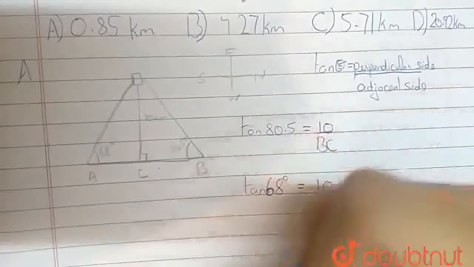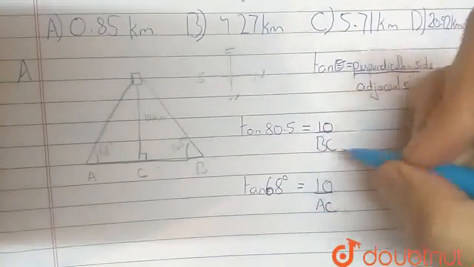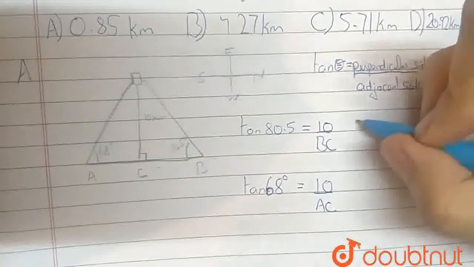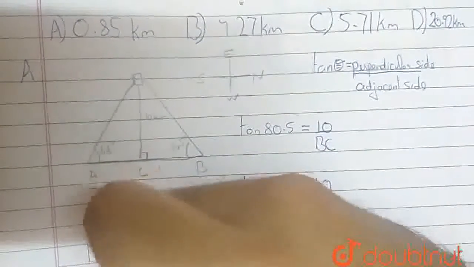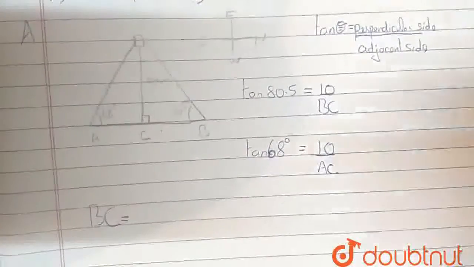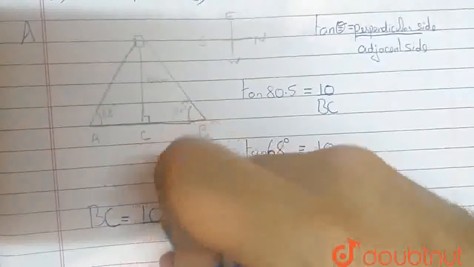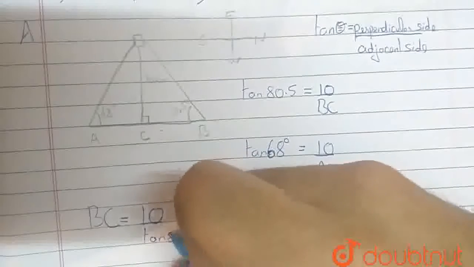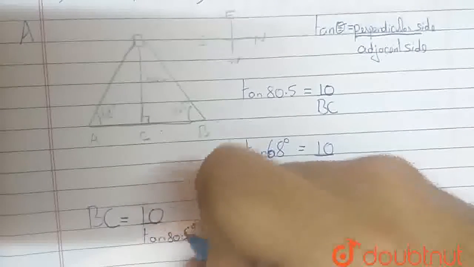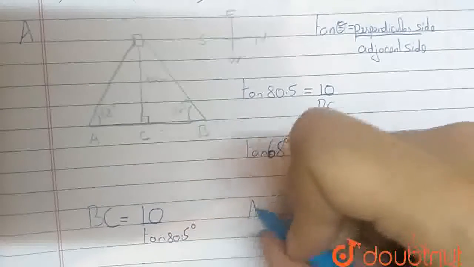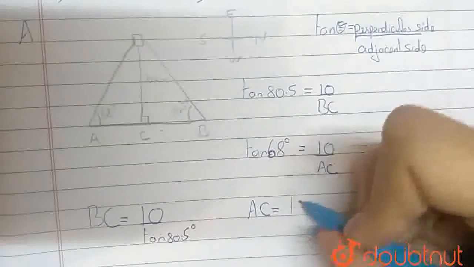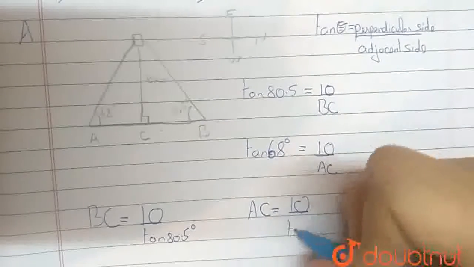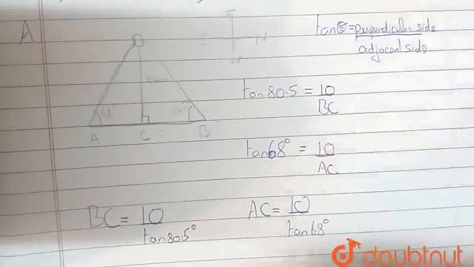So we can write this as BC is equal to 10 by tan of 80.5 degrees and AC equal to 10 by tan of 68 degrees.